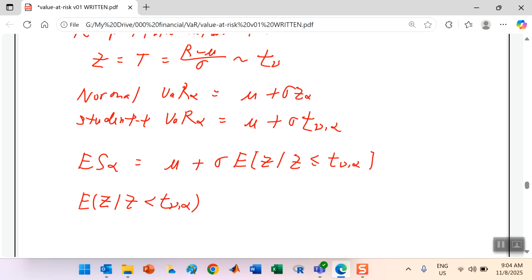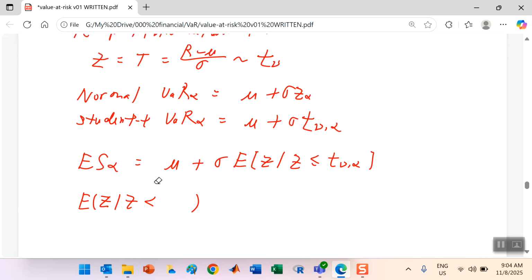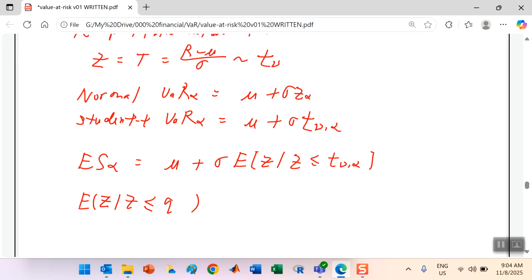Let's say we have this q value, which refers to the quantile involved. You integrate from minus infinity to the T value. Using the expected value definition, you have z times f t of mu z dz.